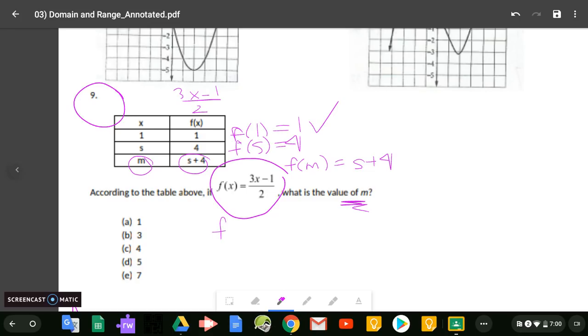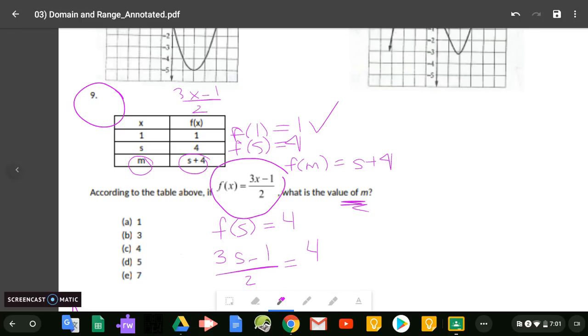So I know f of s equals 4. I also know that when I substitute s in for my x value, it's supposed to equal 4. So everywhere I see an x, I'm going to put an s. And then I'm going to say that equals 4. This will allow me to solve for s.